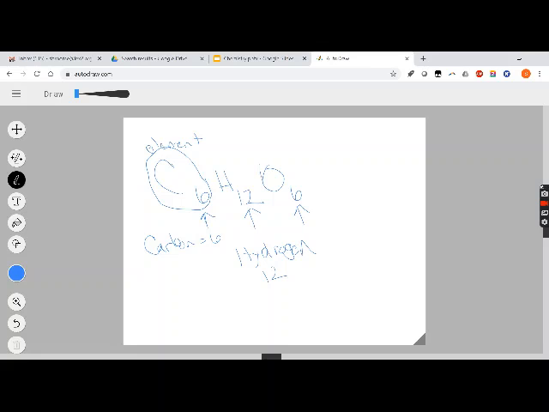And what do we have here? That's right, oxygen is equal to 6. So in this whole entire molecule of glucose, we have 6 atoms of carbon, 12 atoms of hydrogen, and 6 atoms of oxygen. That is incredible.